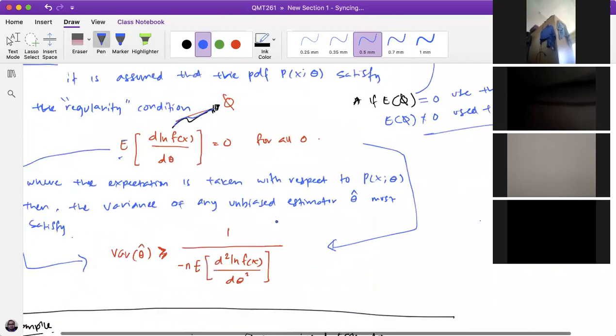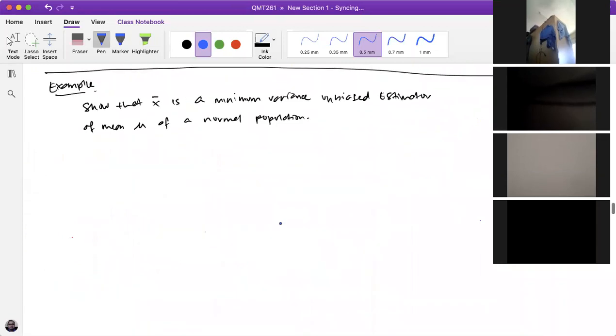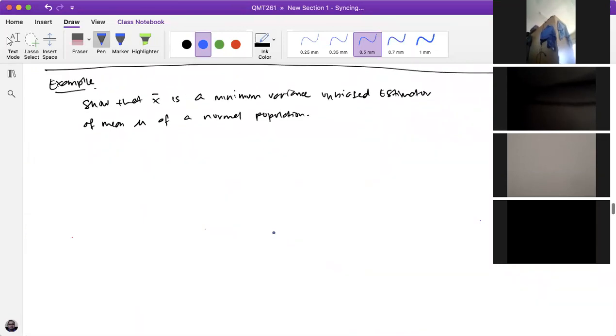Right. So now look at the example. Show that X bar is the minimum variance unbiased estimator of the mean mu of the normal population.